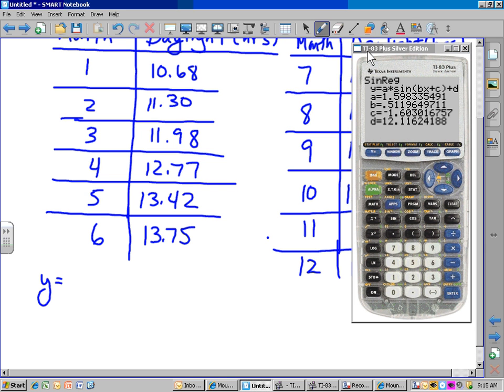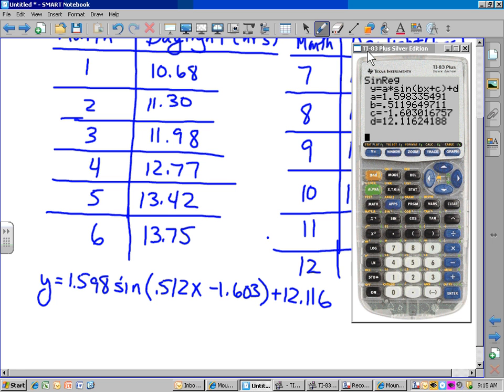Y equals 1.598 sine of 0.512 theta or x, totally up to you. They're using x. Minus 1.603, plus 12.116. That's our equation.